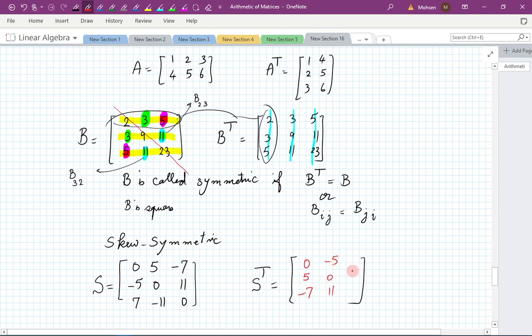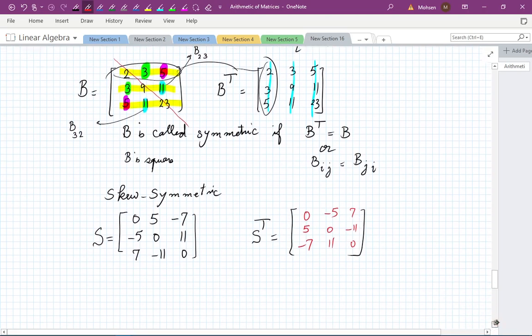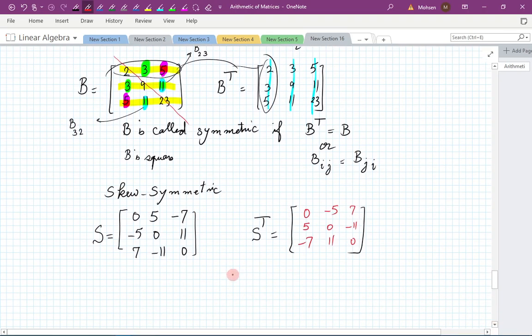The third one becomes 7, minus 11, 0. Now compare S and S transpose. What's the relationship between the two of them? Each entry of S transpose is the negative of what was over there. You transpose it, it becomes the negative of itself.